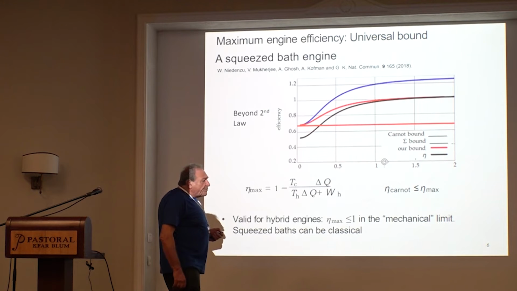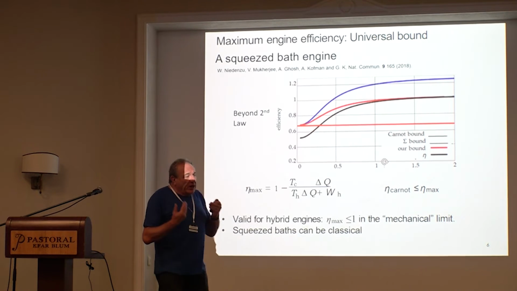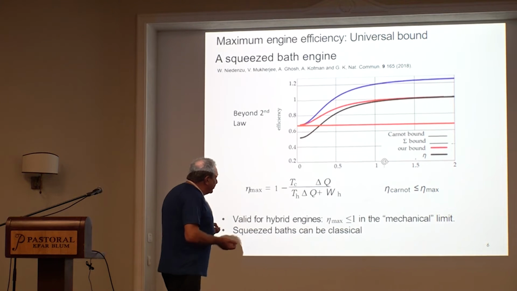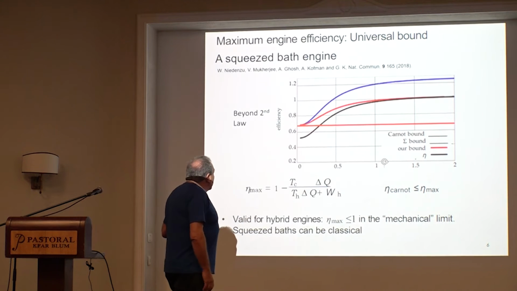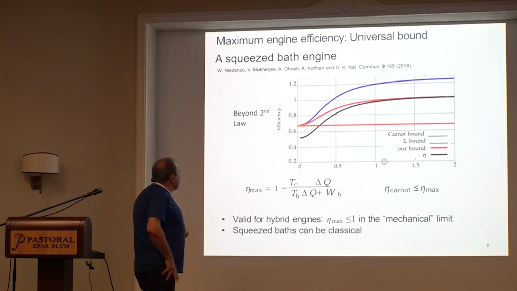But the point is that in this range where it surpasses Carnot, it is no longer a heat engine because what you get from the bath, a squeezed bath, is not just heat but also work.